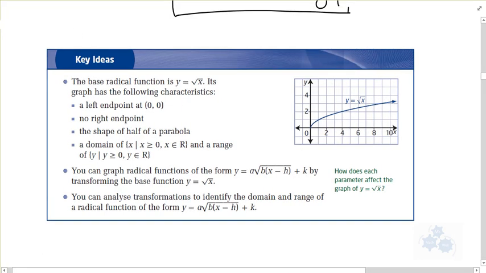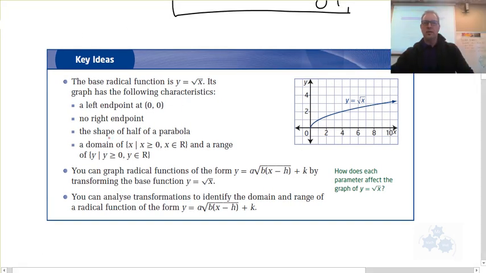Okay, so the one other thing I will add to this lesson is a couple things. There's no right endpoint. There's an arrow here, right? Because you could take an x value of 1 billion and take the square root of that, and that would be the corresponding y value. There's no end, so that keeps going. The other thing is this shape. If you're wondering about the shape, of course it is a half of a parabola.